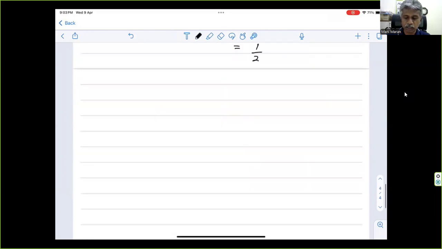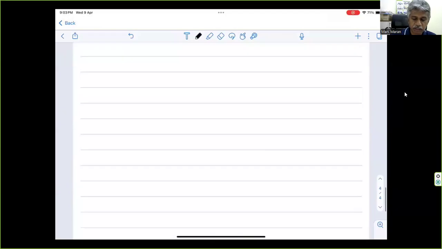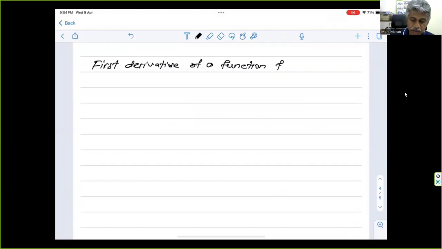So today I'm going to take up another topic that deals with the first derivative. Please copy down: first derivative of a function f(x) using first principle.